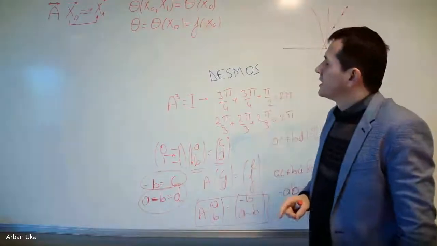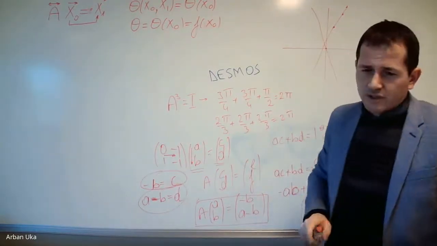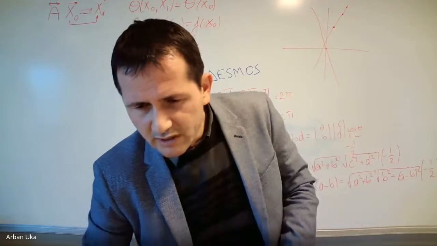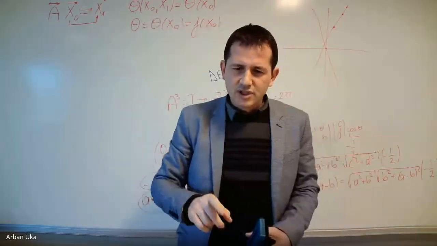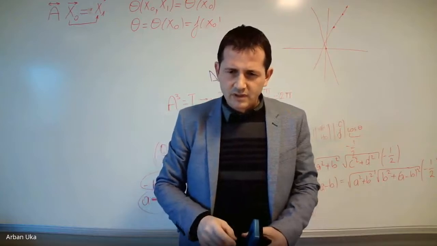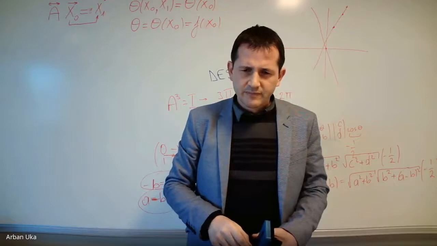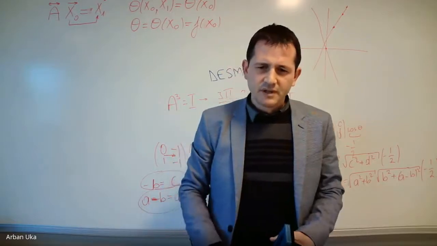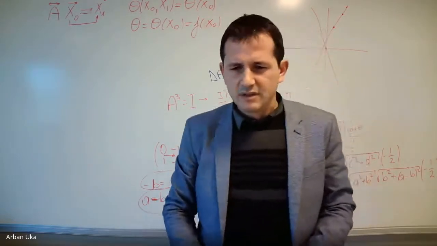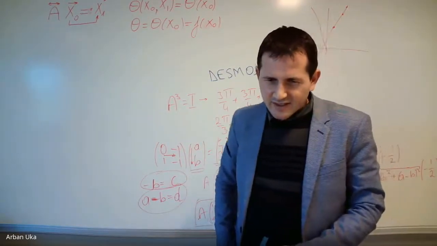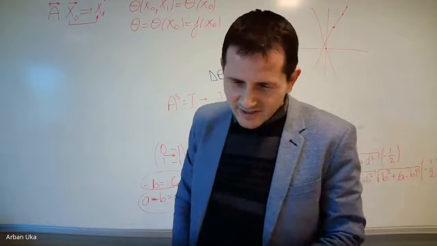But then, let me ask you one question. I want one of you to raise your hand in the comment section. Who wants to answer? You can click the option of raising the hand. You have 10 seconds to do it. 10, 9, 8, 7, 6, 5, 4, 2, 1, 0.